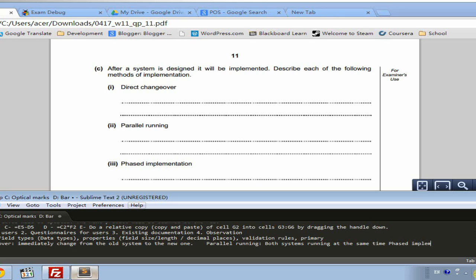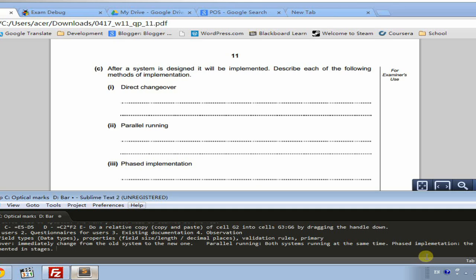Phased implementation. Okay, so phased implementation is where we implement the system in stages.